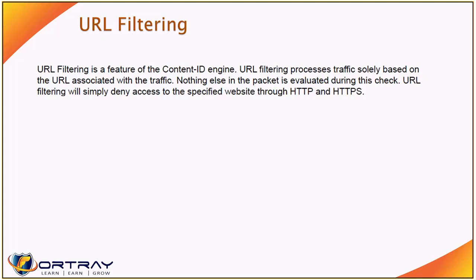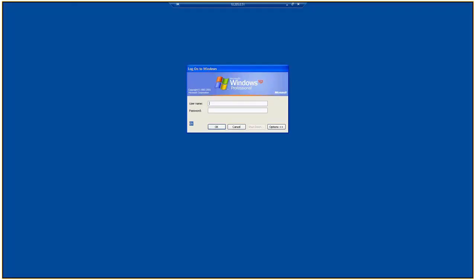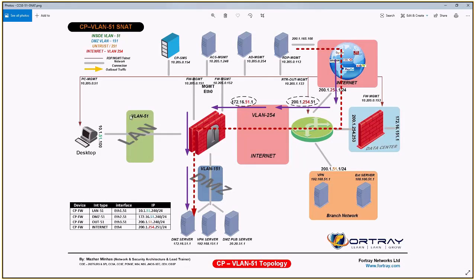We can create some exceptions. We can allow the traffic. As of now, our traffic is going through our firewall from our test machine to any type of category. This is my test machine as per my topology, 201.51.1, and the traffic needs to go to the internet. Right now the internet should be working.